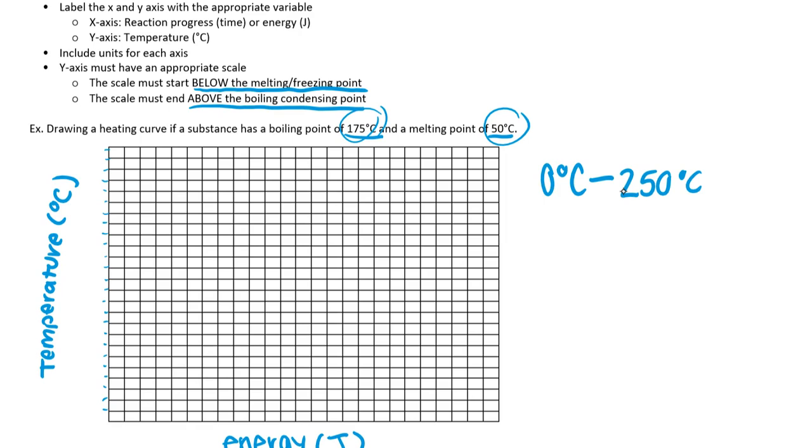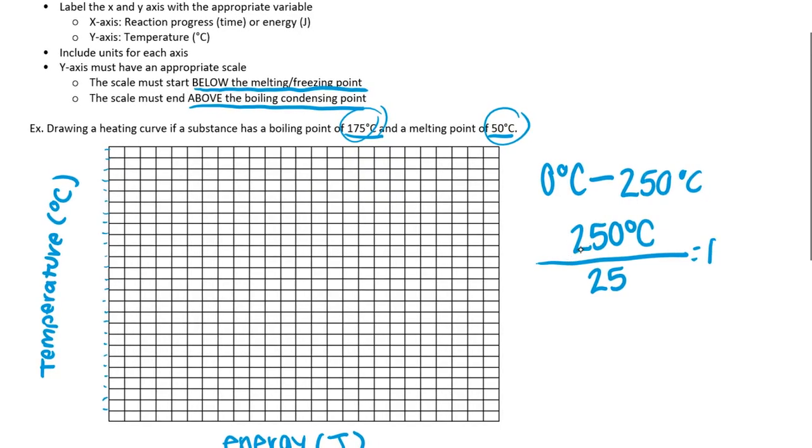That means that the y-axis needs to scale a total of 250 degrees Celsius. So I can take the number of degrees that I want to cover, divide it by the number of lines that we have, and that will tell you what each line represents.